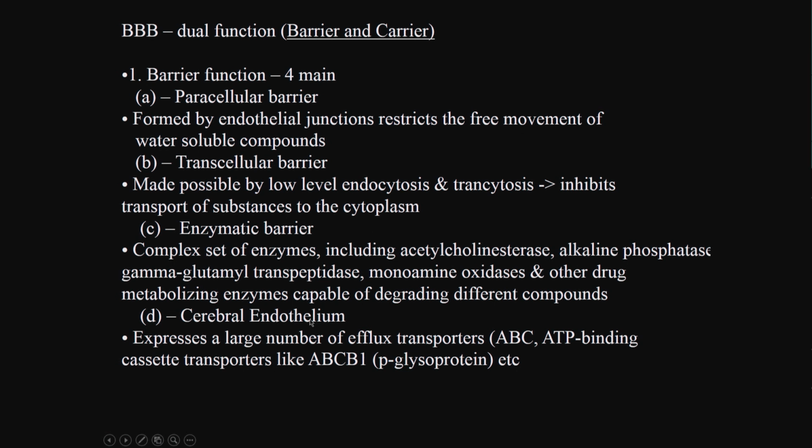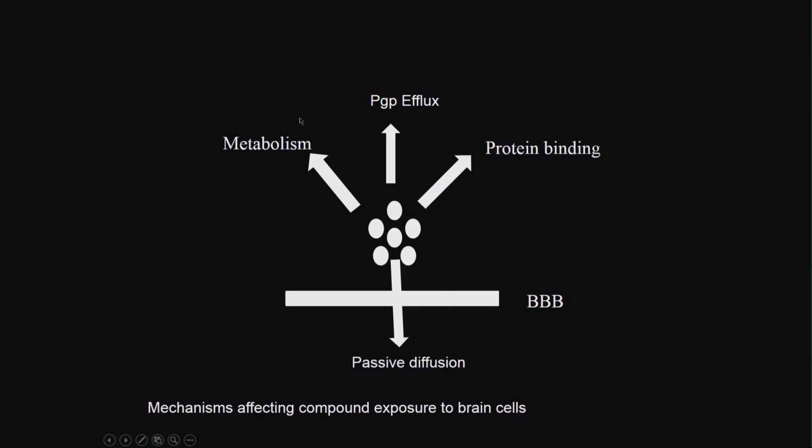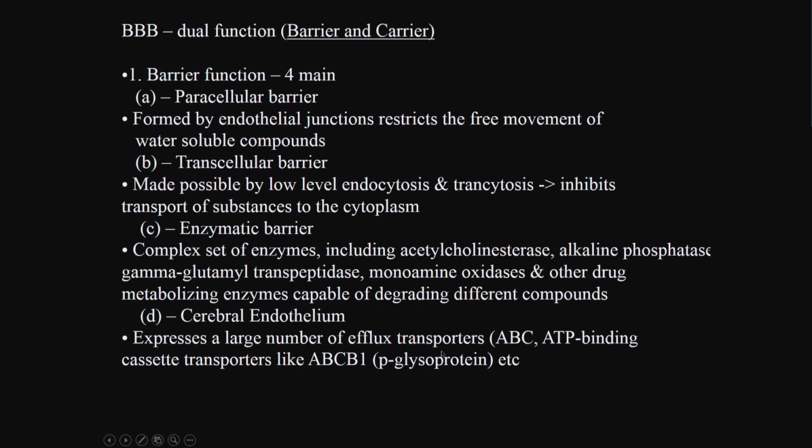Cerebral endothelium expresses a large number of efflux transporters, ABC transporters, ATP binding cassette transporters, like ABCB1 and so on, P glycoprotein. So four different barriers are there.